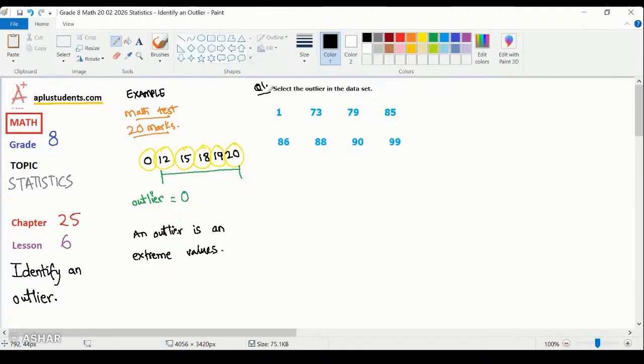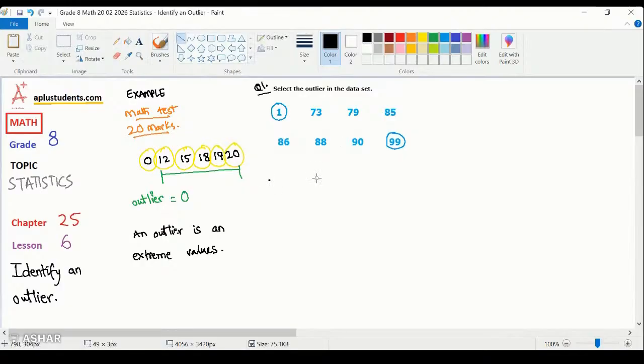Once we look at these numbers, the maximum was 99 and the least was 1. So we need to see where the numbers are closest to.